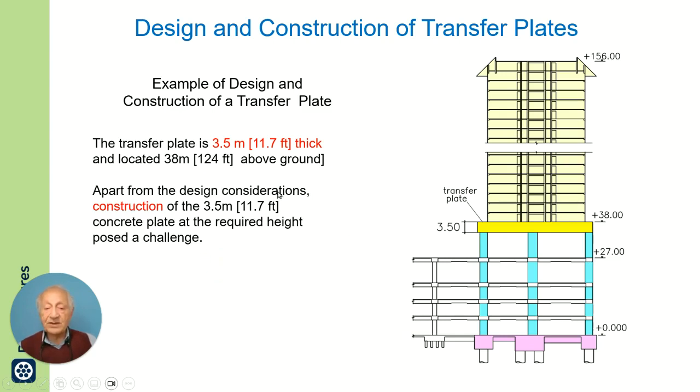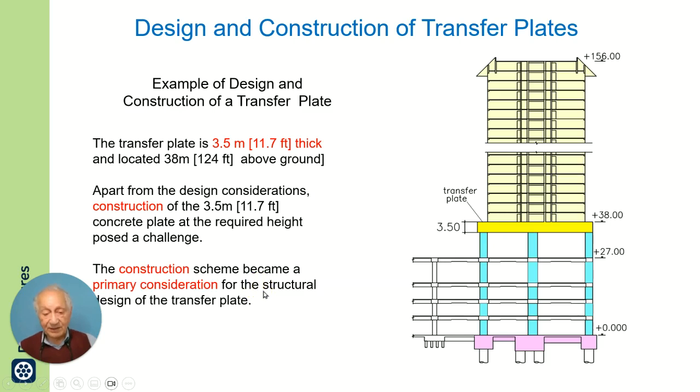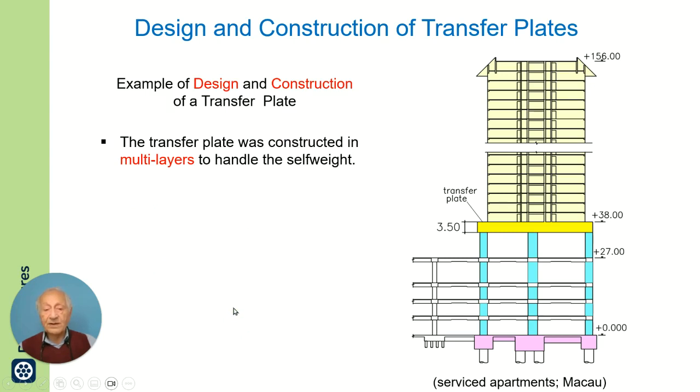Apart from the design considerations, construction of a 3.5 meter, say about 12 feet, concrete plate at the required height is a challenge, or was a challenge. The construction scheme became the primary consideration for structural design of the transfer plate.